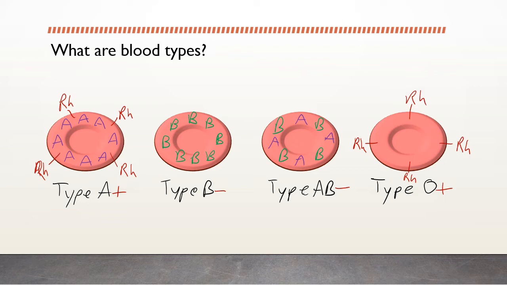So this first blood cell here would be type A positive. The next blood cell would be type B negative. The third patient here would be type AB negative, and the fourth patient would be type O positive. Got it? Okay.